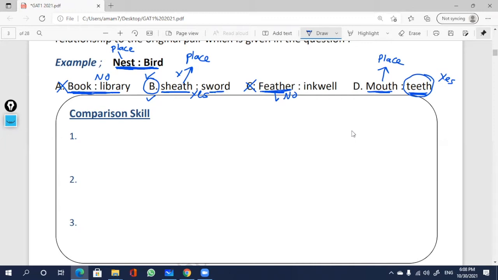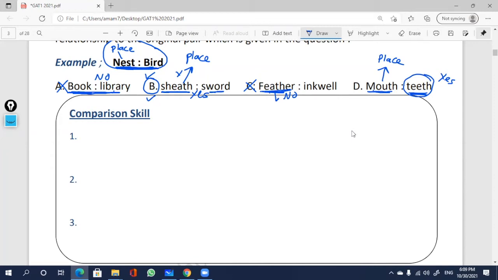Okay, so I don't want you to identify the relationship in the alternatives. I just want you to identify the relationship which links the pair of words given in the question. Then when you go down to the alternatives, I want you to eliminate according to the relationship mentioned in the question.